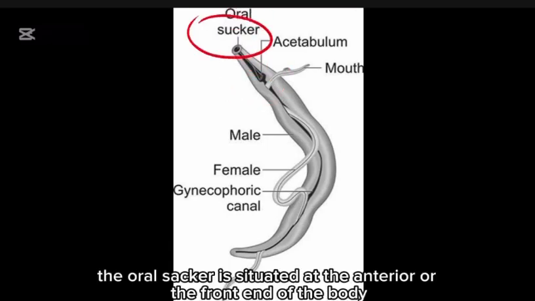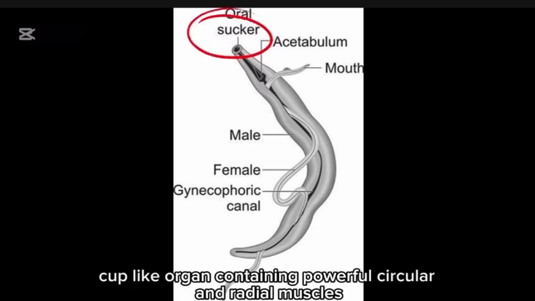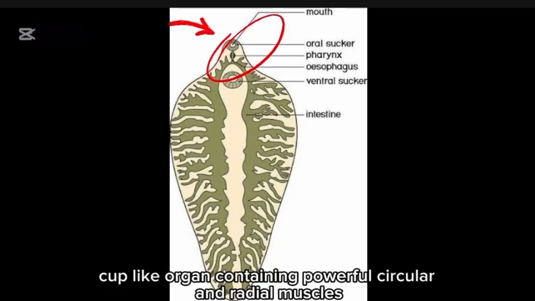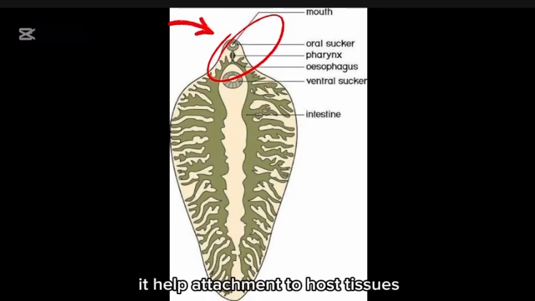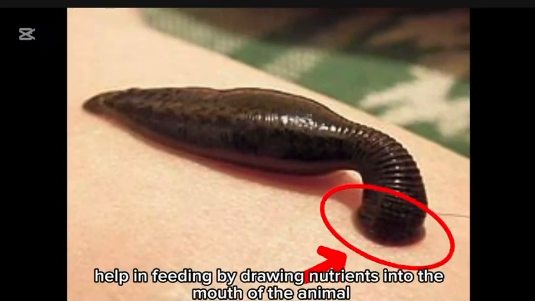The oral cercus is situated at the anterior or the front end of the body. It surrounds the mouth opening. It is a thick, muscular cap-like organ containing powerful circular and radial muscles. It helps attachment to host tissues, and helps in feeding by drawing nutrients into the mouth of the animal.